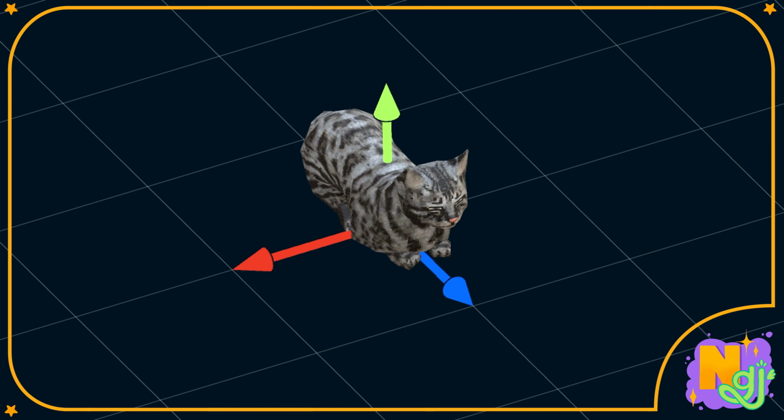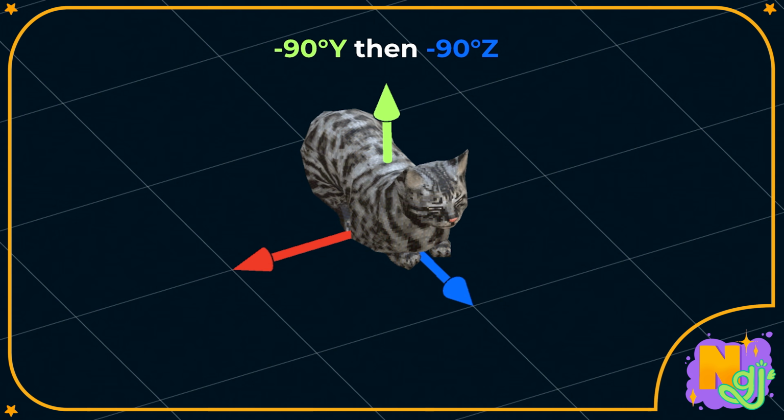But there's a problem here. And the way to fix that is to first look at a cat. So here's a cat. Credit to End Vertex, by the way, who provided me with this cat model. So let's say we want to rotate this cat. Highly recommended, by the way, rotating cats. Let's say we want to rotate it negative 90 degrees around y, and then negative 90 degrees around z.